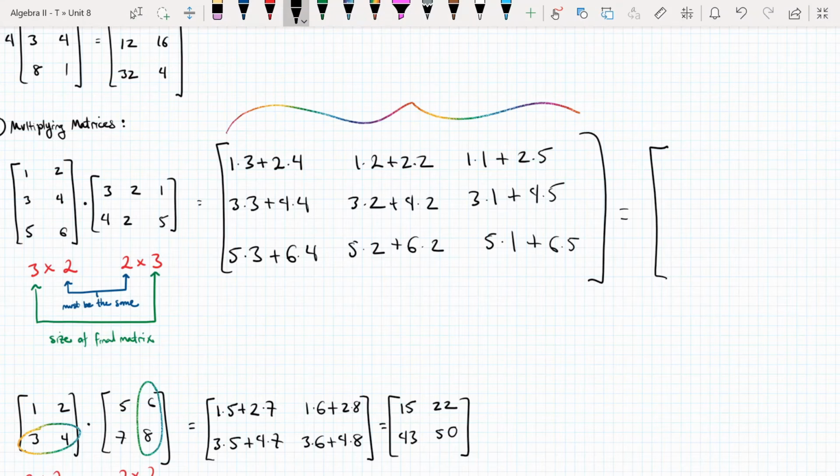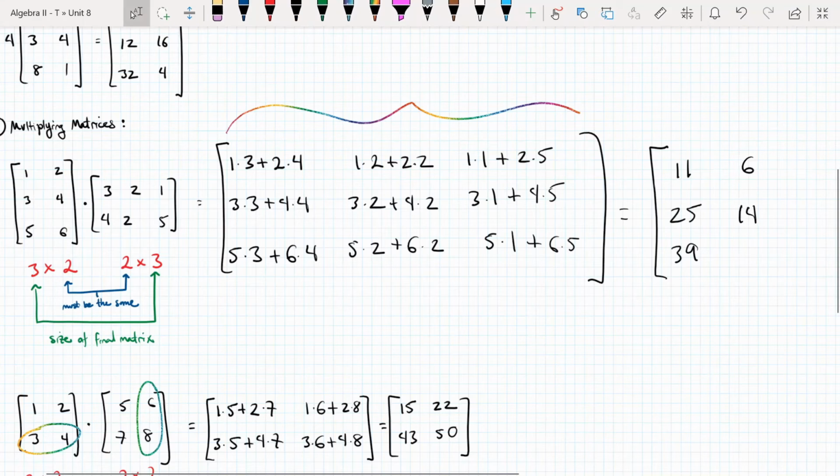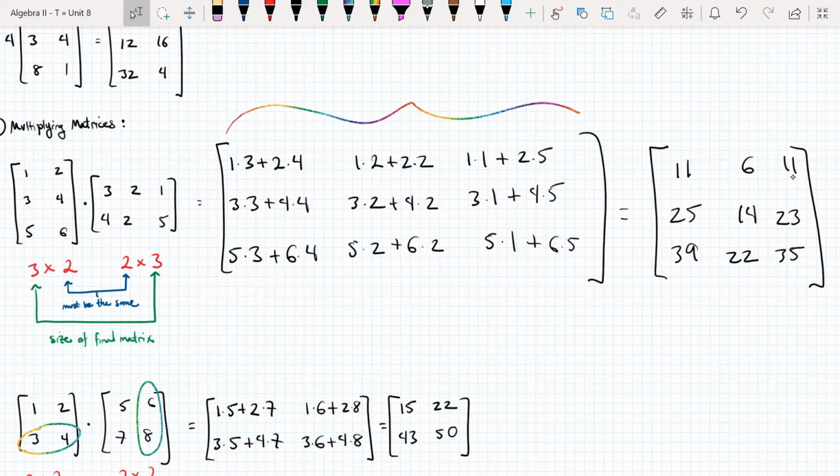So what we get here is 8 plus 3 is 11. This is 25. This is 39. 6, 14, 22. And this is 11, 23, and then lastly 35. Okay, and that's the resulting matrix when you multiply this 3 by 2 by a 2 by 3 matrix.